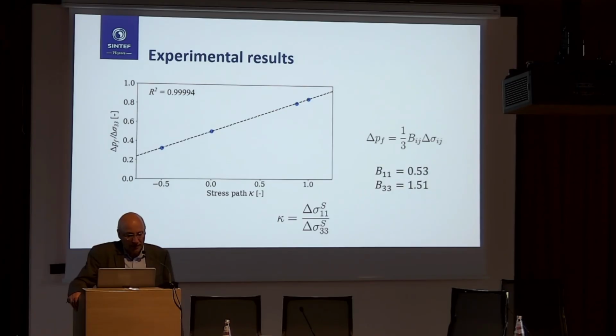You see that the experiments align quite well if you look at this stress path parameter, which is the change in one of the stress components over the other one. And from there you extract your coefficient, and it was quite surprising, in a positive way, that you have such a good alignment.